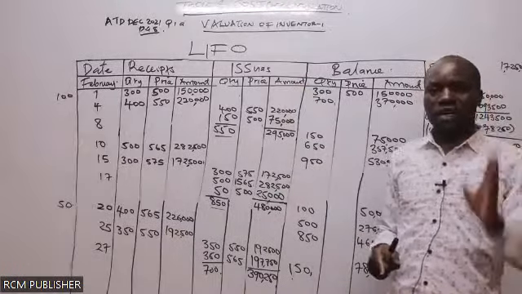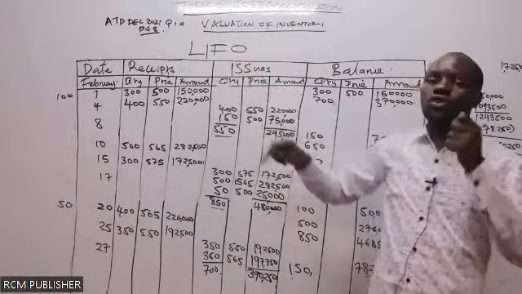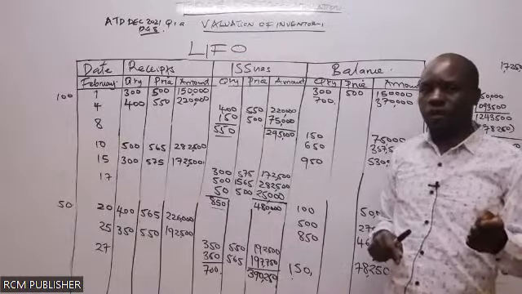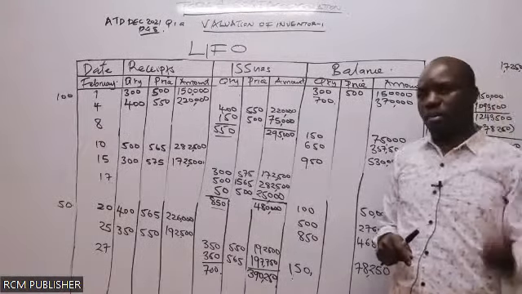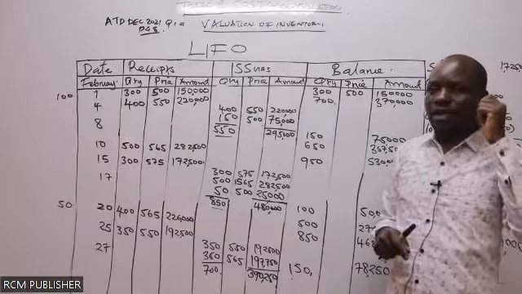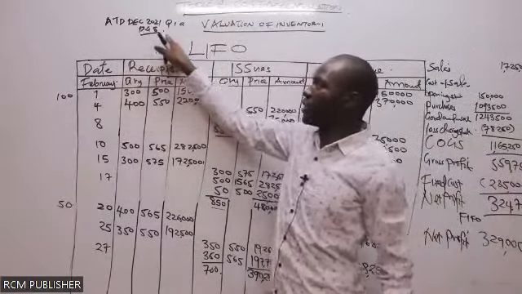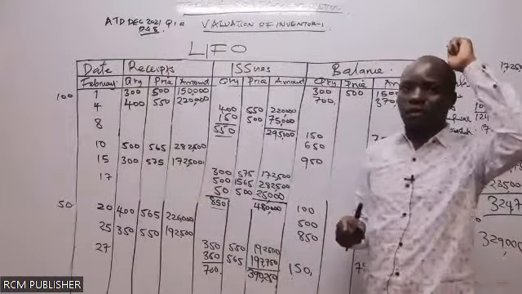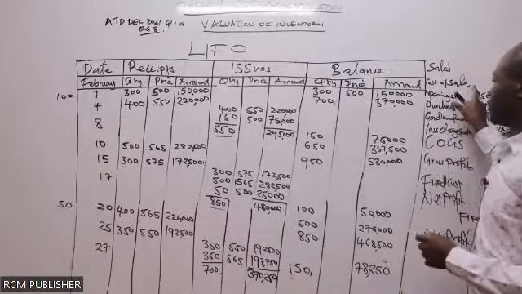Under stock valuation, you need to know how to use LIFO. You need to know how to use FIFO. You need to know how to apply the weighted average method. Now, as a good student, you should apply or work out the same question using the weighted average method. Go ahead and even get this part here.